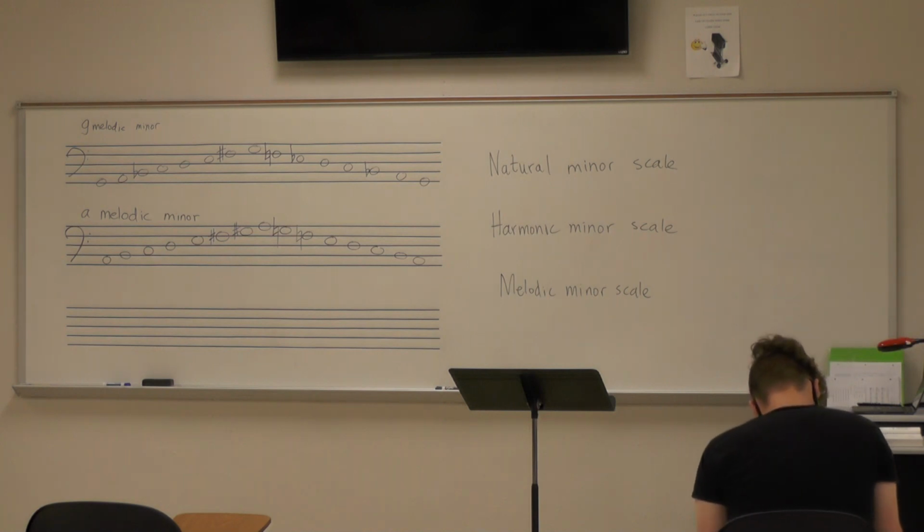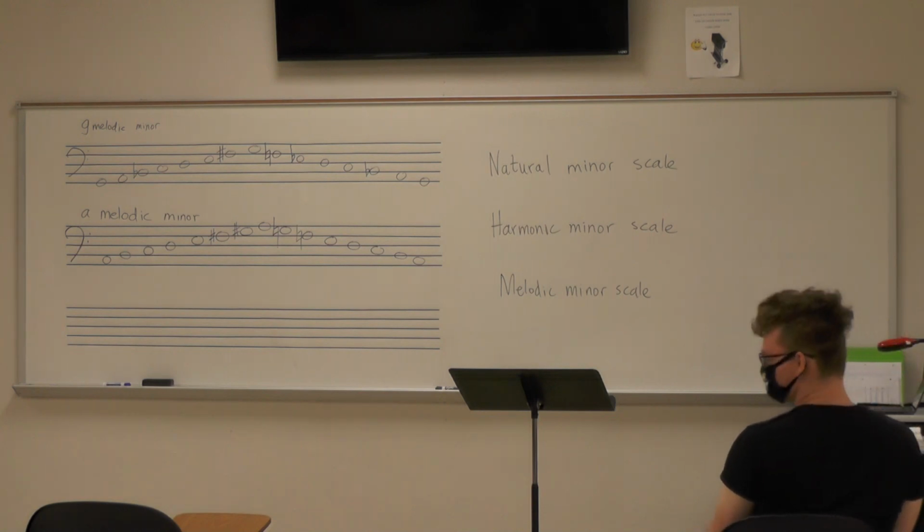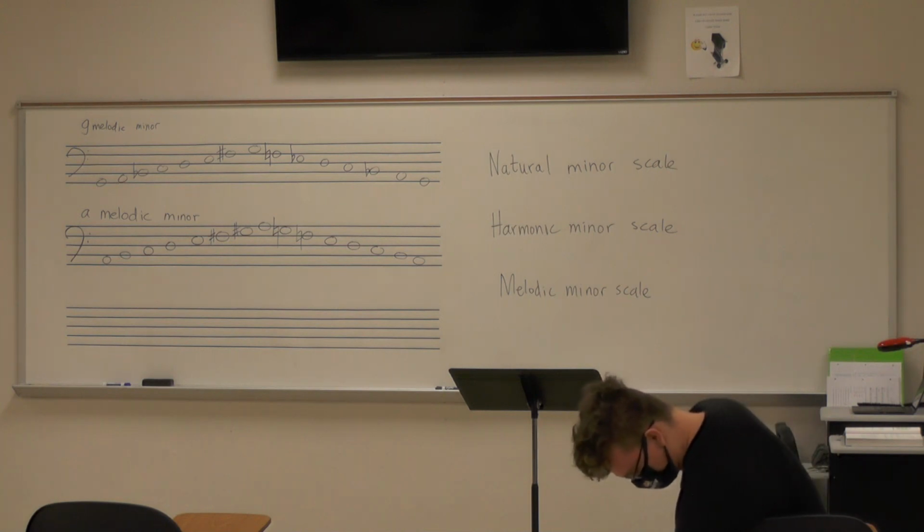Just omit or ignore A sharp natural minor and D sharp melodic minor. Does that make sense? So you really only have like 5 minor scales to spell. They're really not numbered. It's just section A, and you'll be able to tell by the name of the scale. Yeah. A sharp and D sharp you can skip.